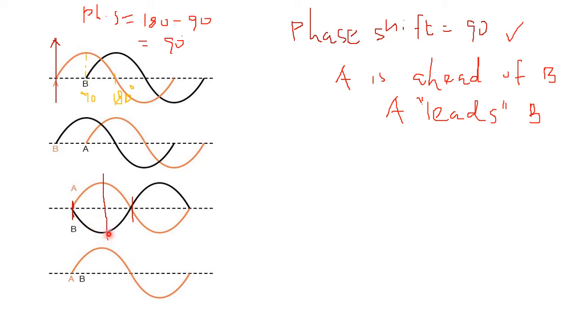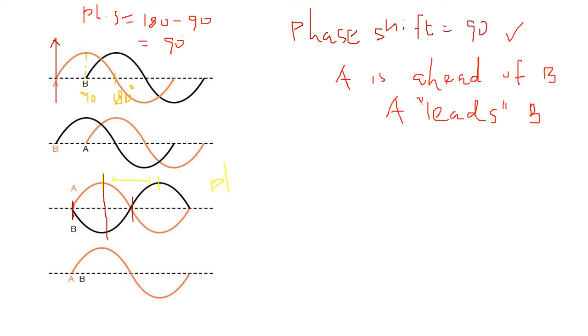For B, this one is the minimum point. B reaches its maximum point at this instant. At this instant A reaches its maximum point. So the phase shift will be 180 degree.